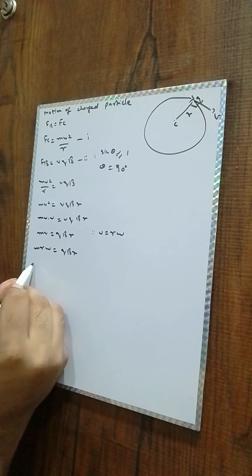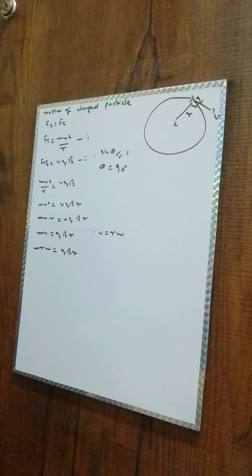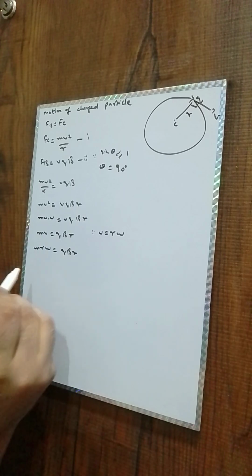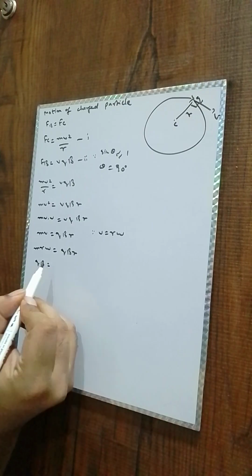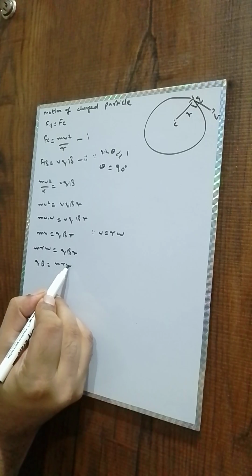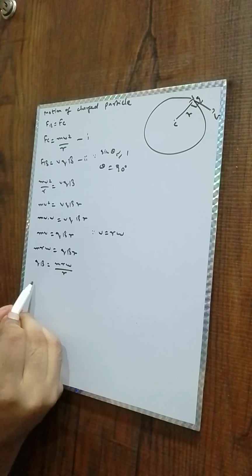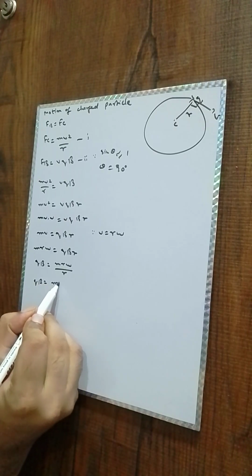So qB is equal to mr omega by r. Okay, so qB is equal to m omega.